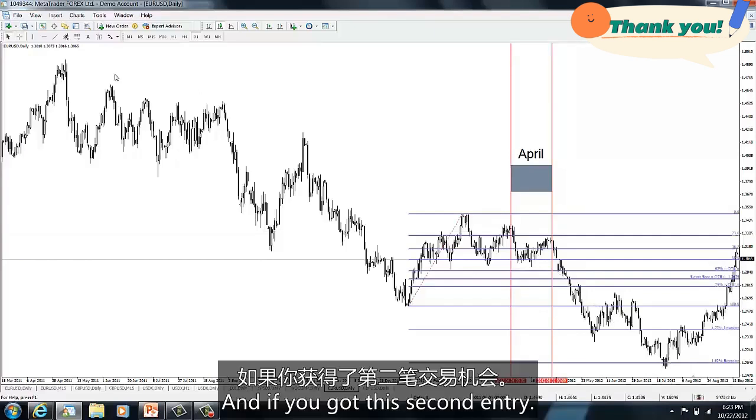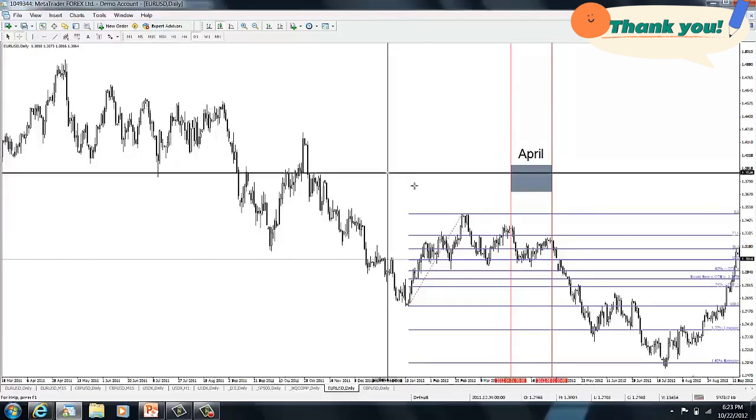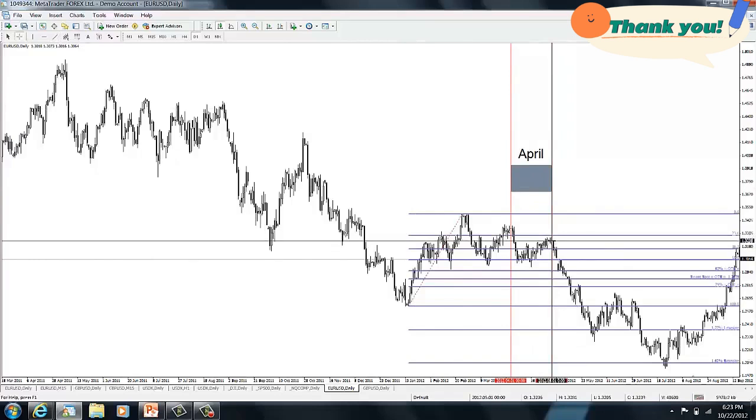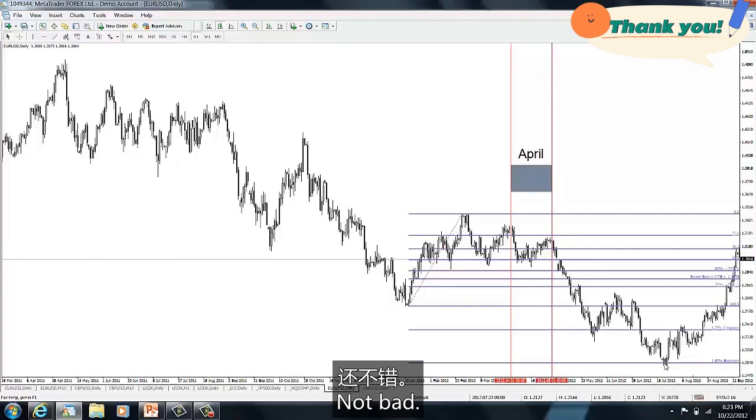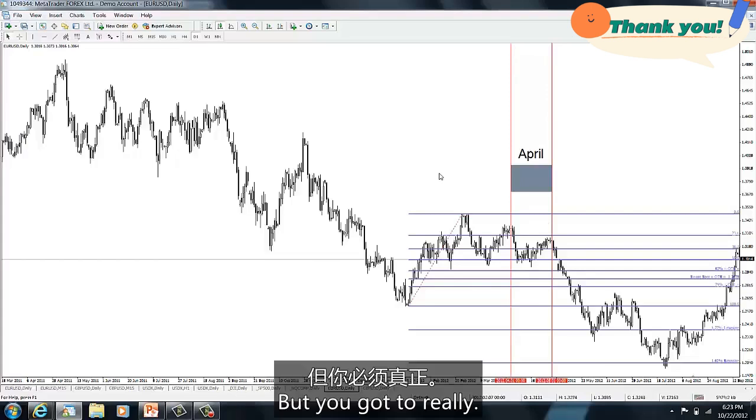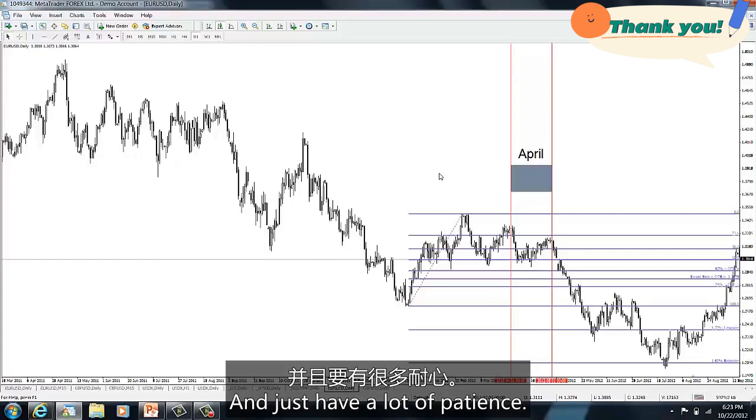And if you got the second entry using the 1st of May area, it's 1,150 pips. Not bad in terms of pip hauls. It takes a little bit of time to get these. It doesn't happen overnight, but you have to hold on to it and have a lot of patience with them unfolding.